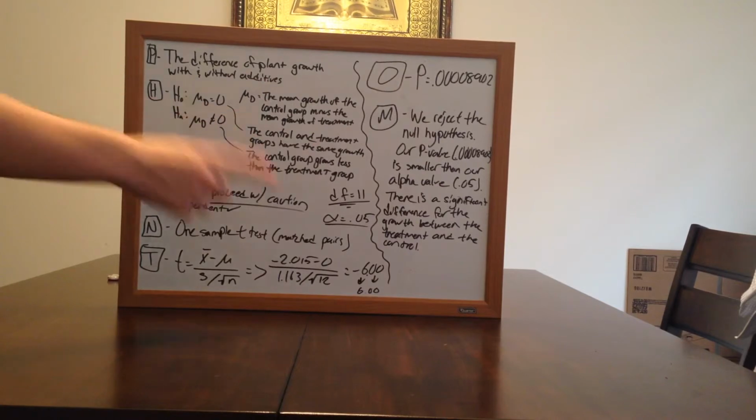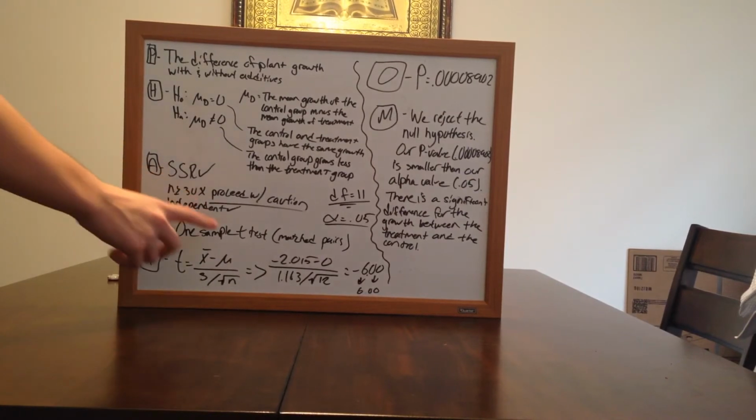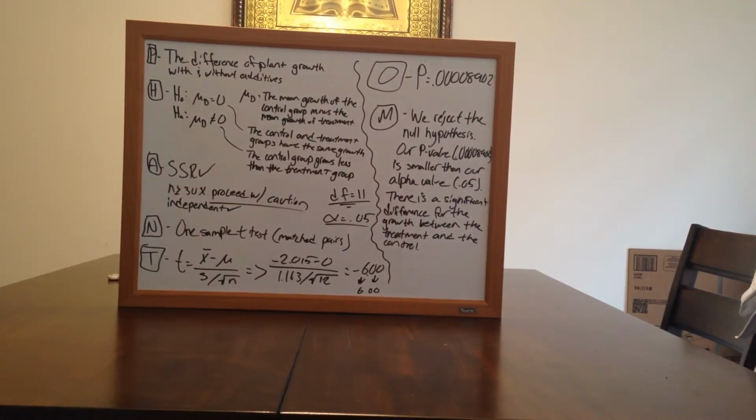Minus 0. Why is that 0? Because up here we're testing to see if it's not equal to 0. So that would be our mu. Divided by 1.163 divided by the square root of 12. 1.163 is given to us, and there's 12 seeds per sample, so we use 12 here. And we get a t-score of negative 6.00.